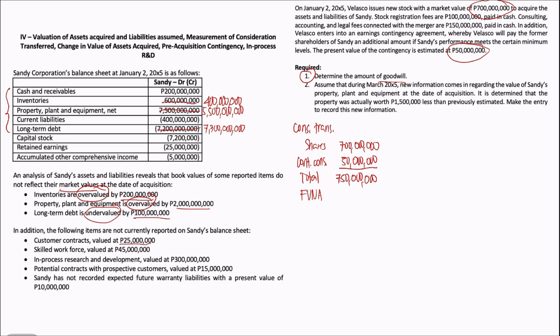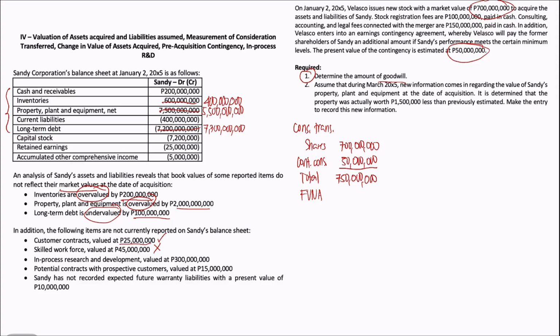Hence, customer contracts is included in the acquiree's net assets. Next is skilled workforce valued at $45 million. Under both normal accounting and accounting for business combinations, this is not recognized as asset.